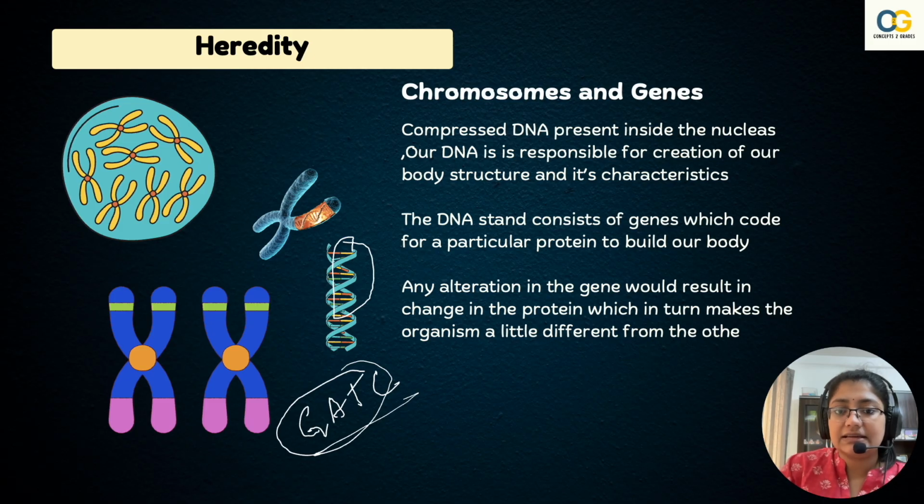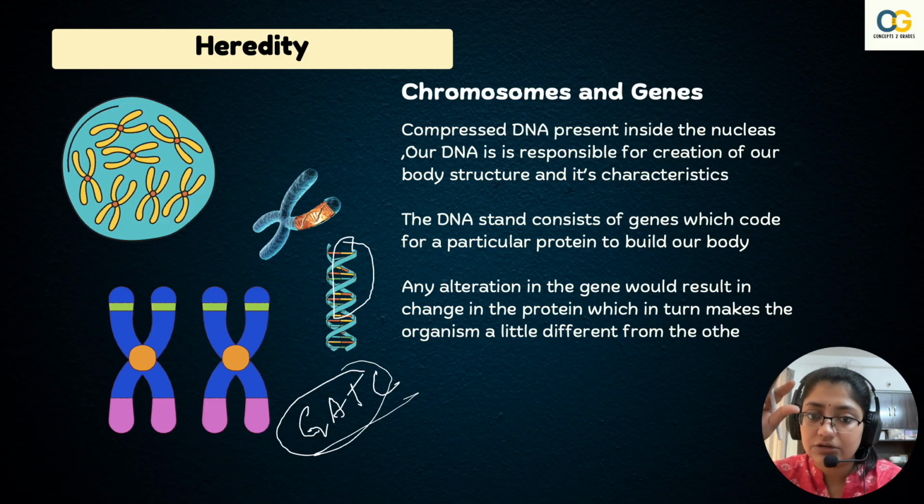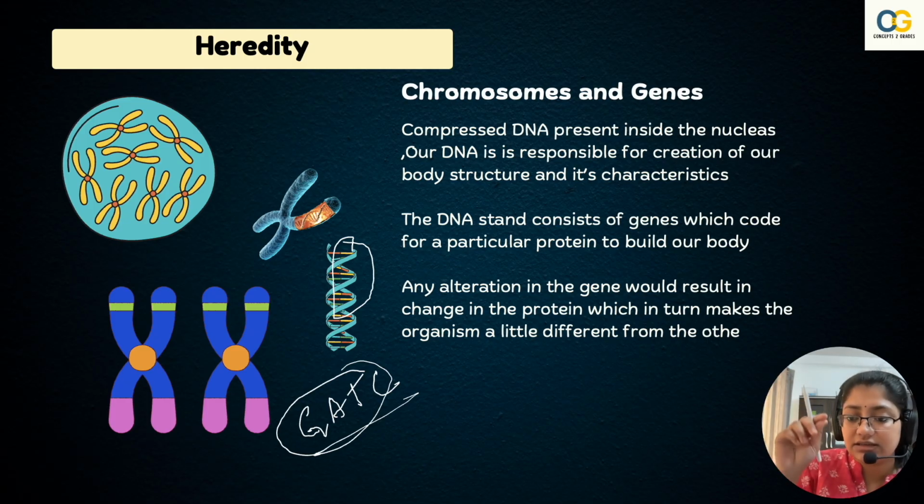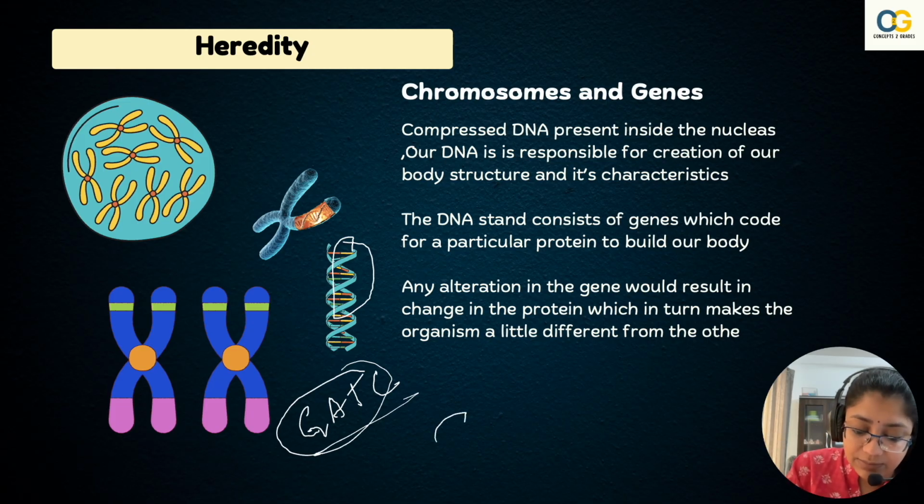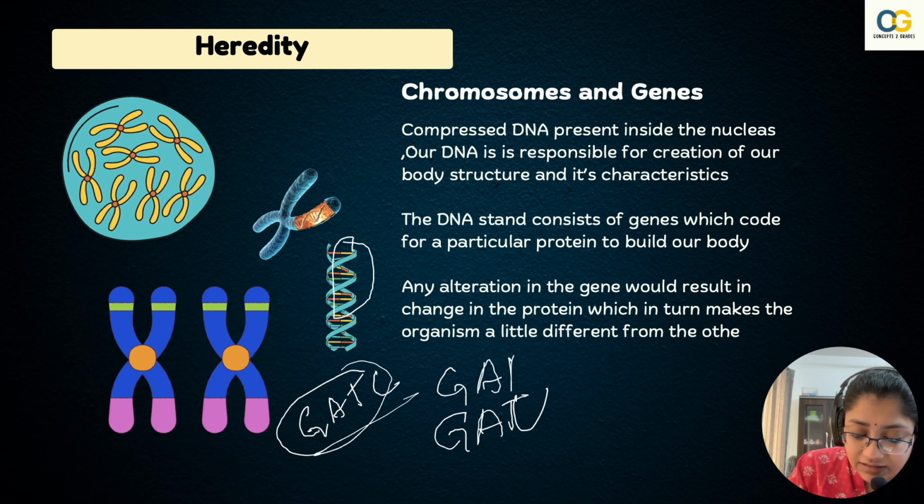So the DNA is a compressed nucleic acid which is responsible for creation of body structure and its characteristics, and the DNA consists of genes which code for a particular protein to build your body. So any alteration in that gene, for example, if it has to be GAT, actually T becomes U, so if it has to be GAU, but in that place it is GAA, a completely different protein is created.